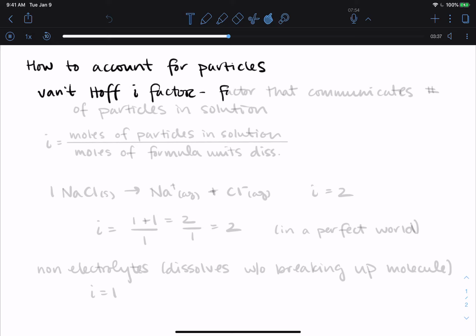And this factor directly communicates the number of particles in solution. Now, you will be able to figure this out without having to do a calculation, but there is an equation that goes with it.